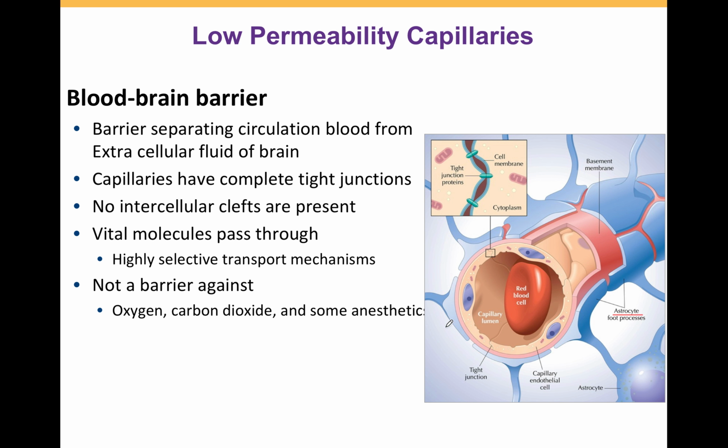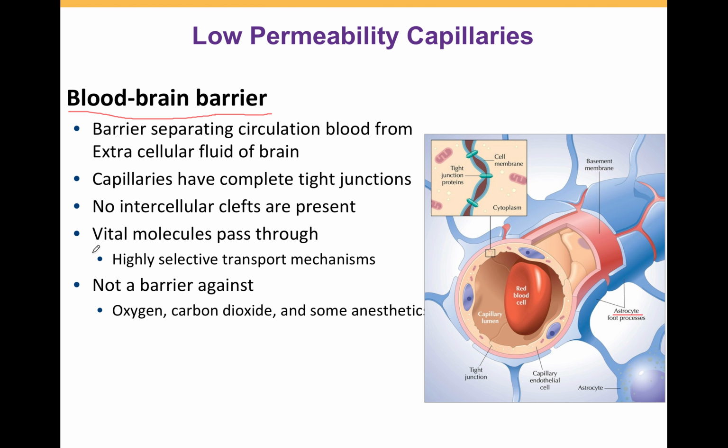Now, this capillary network surrounded by astrocytes is referred to as the blood-brain barrier, because astrocytes are creating a barrier between nerve cells, hence the word brain, and the capillary network, which is your blood.